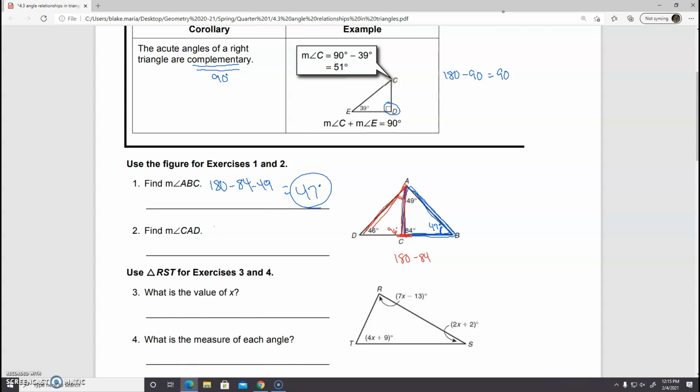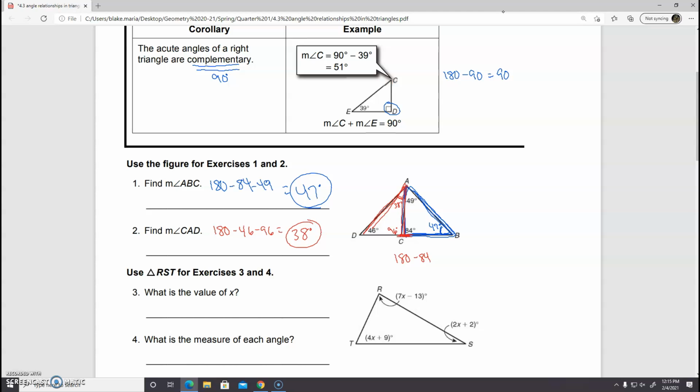And once you've done that, then you can say, okay, a triangle adds up to 180. Subtract out the 46 and the 96 that we already have. So 180 minus 46 and 96. And we're left with 38. So that means this little angle is 38. Now, again, there's lots of ways you can go about any triangle. There's actually 3 triangles in this picture.